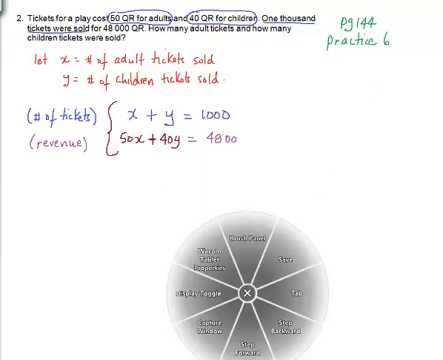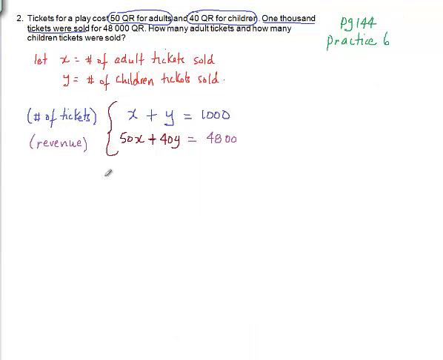Of course, then you can choose any method to solve, right, whatever your preference is. I think I'll use my favorite, which is multiplication, addition, or elimination, whatever you want to call it. And I'm going to multiply the top equation by negative 50. So top equation by negative 50 is going to give me negative 50x plus negative 50y is negative 50,000.